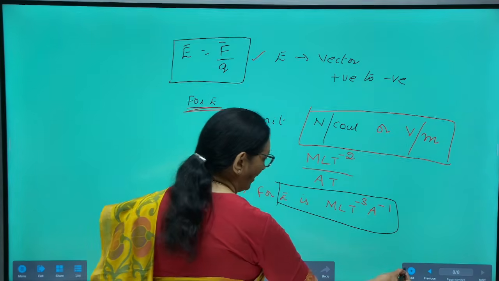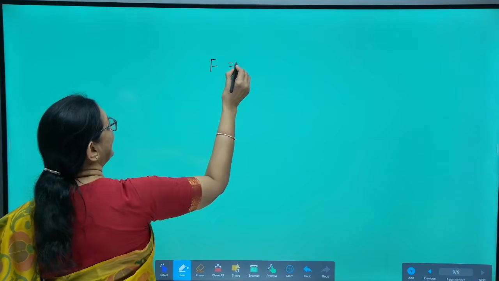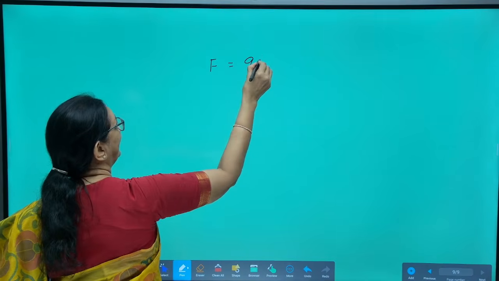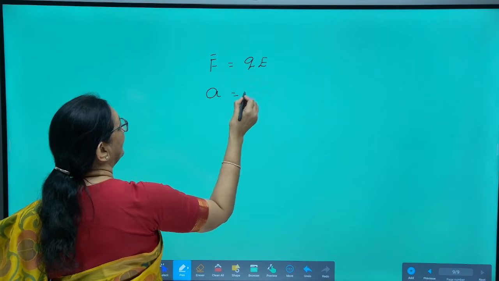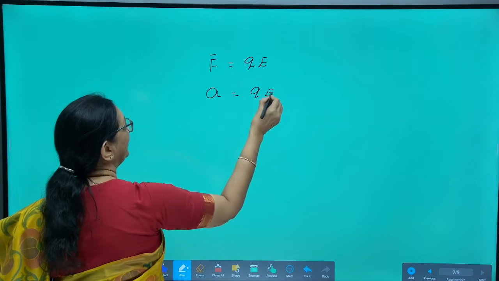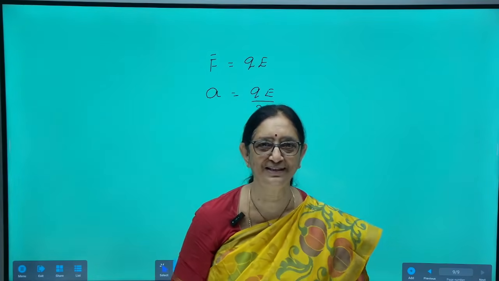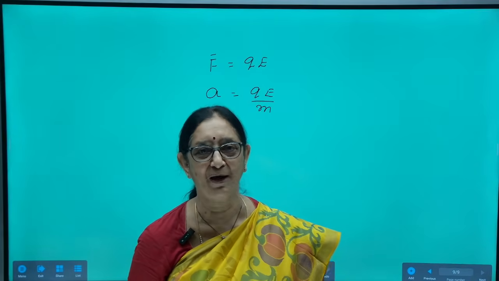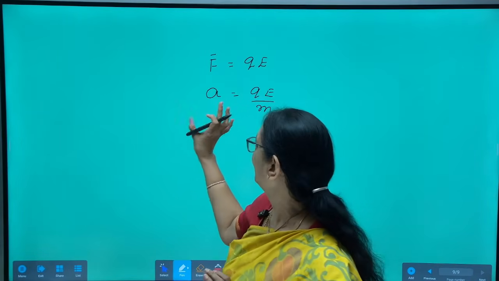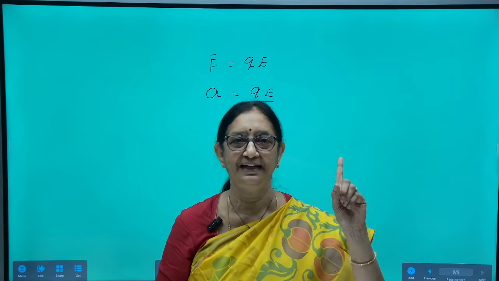Right? Now, force on a charge Q placed in a field of intensity E is QE. So, acceleration of the charge is QE by M. See, if you just have the concept in your mind, you can do magic with the problems, because this concept is linked with kinematics.